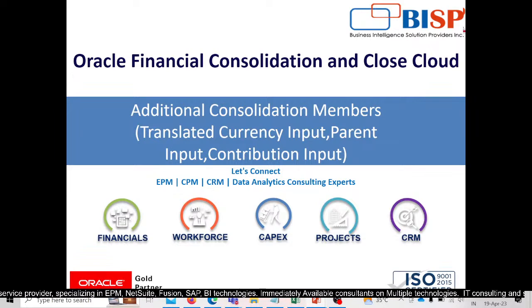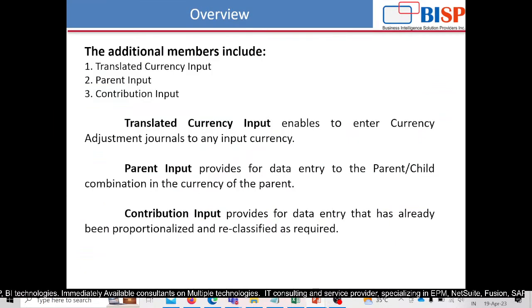The consolidation dimension in FCCS now includes some additional members at the time of application configuration, and today I will tell you about them. The additional members include translated currency input, parent input, and contribution input.